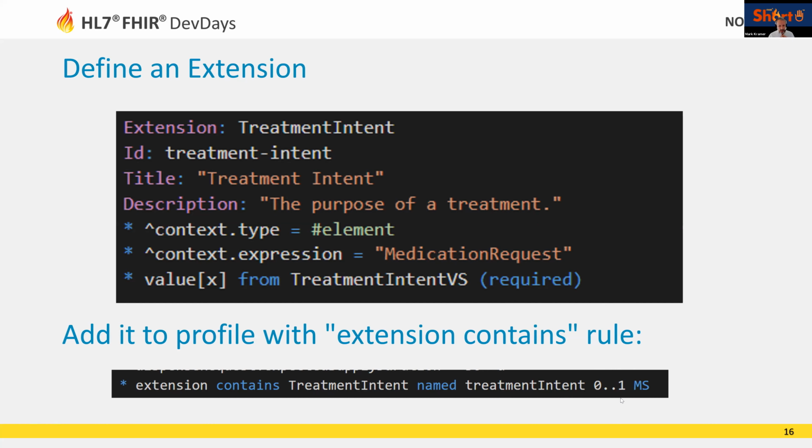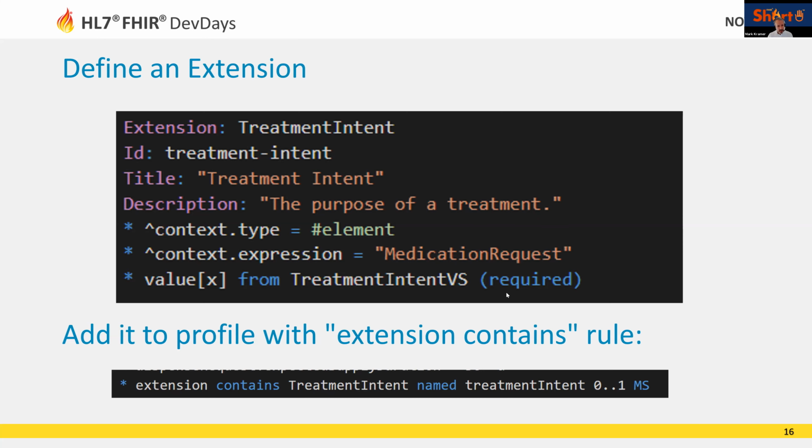We have to give it a cardinality, and optionally you can give it a must support. So we've taken the extension, and in one line we've included it in the profile for treatment intent. We've given it a cardinality, and we've declared it a must support.